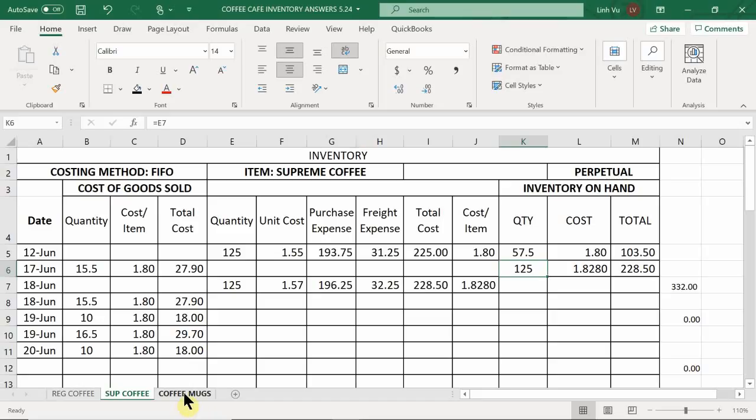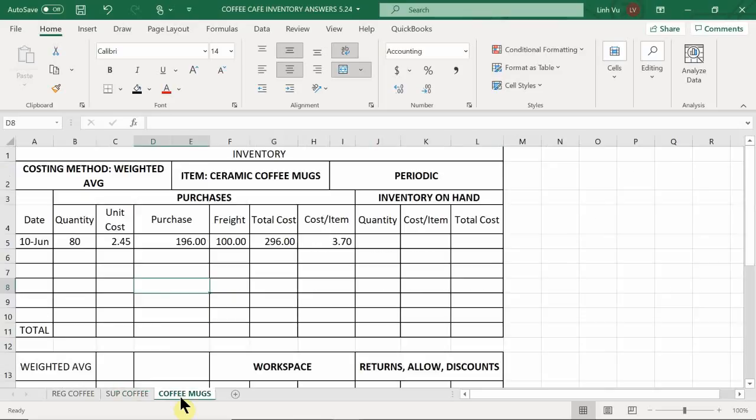What tracking method am I using to keep track of those coffee mugs? Not perpetual, it's periodic.